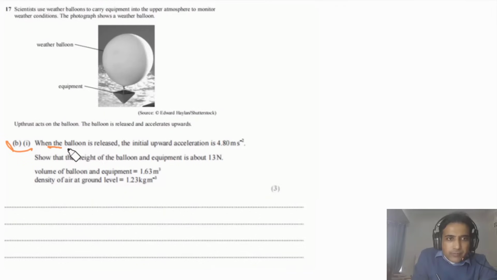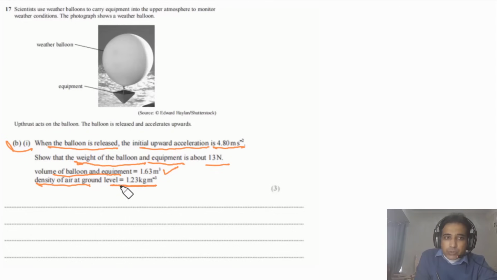Part B1 says, when the balloon is released, the initial upward acceleration is 4.80 meters per second squared. Show that the weight of the balloon and equipment is 13 newtons. The volume of balloon and equipment is given to us, and the density of air at ground level is also given to us. It is given that it accelerates in the upward direction. So first of all we can draw a free body diagram.